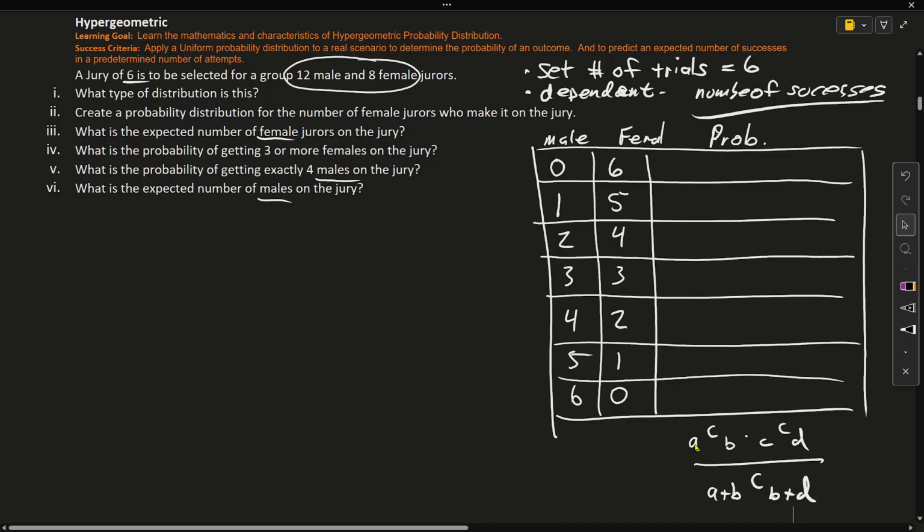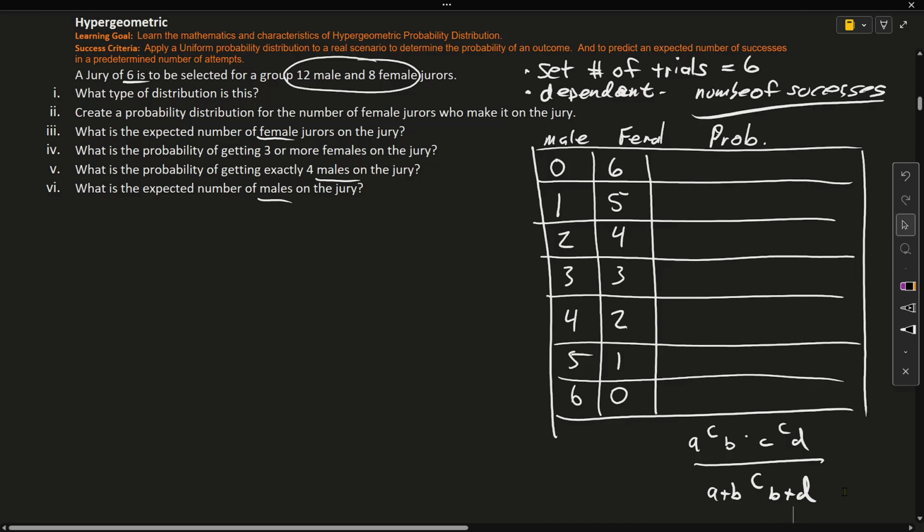Well, A is how many people are eligible in the first category, and B is the number of actual people you choose in the first category, times C. C is the eligible people in the second category, and D is the people that you choose in the second category. And then the denominator is the total people in the entire group, choose the size of the subgroup that you're building.